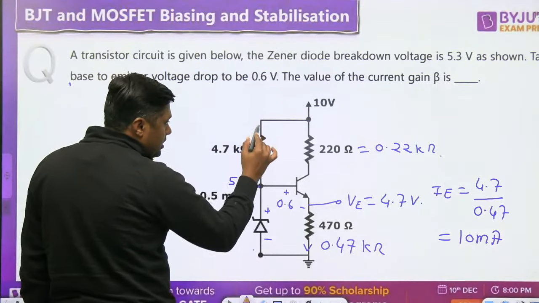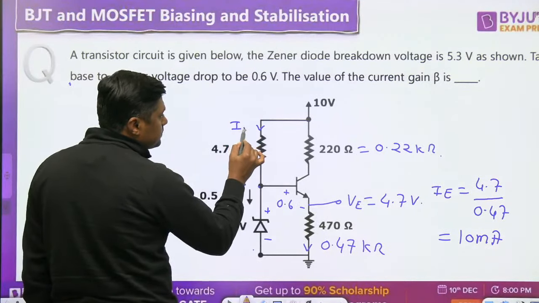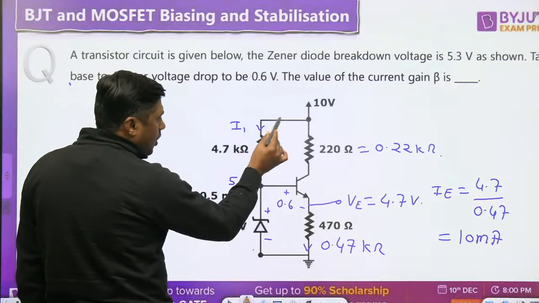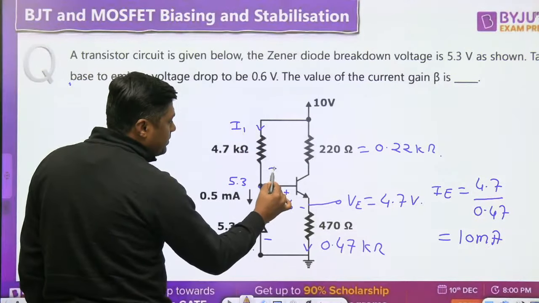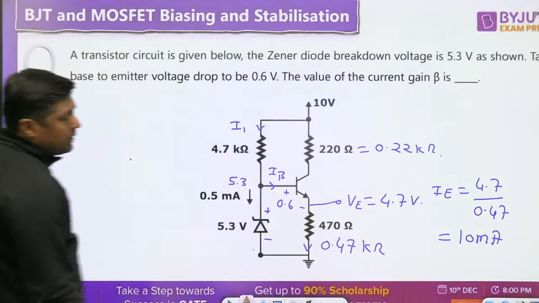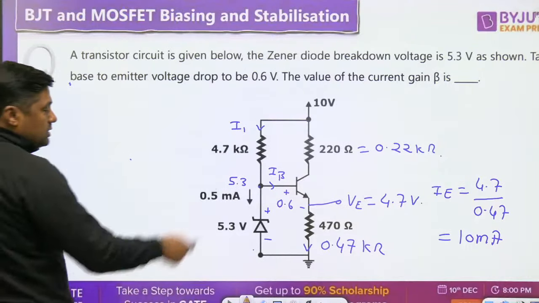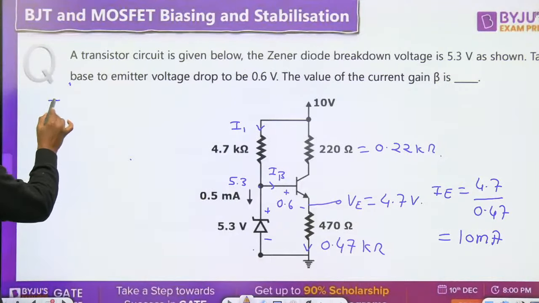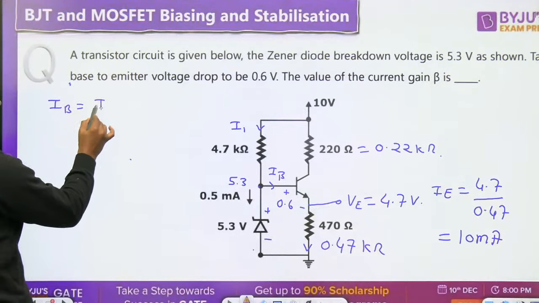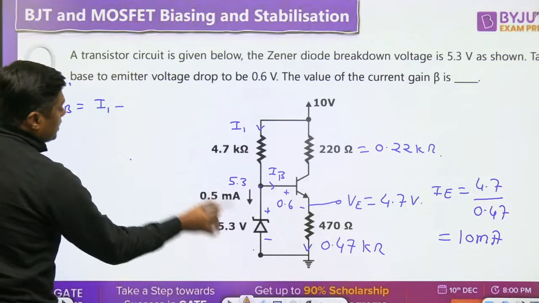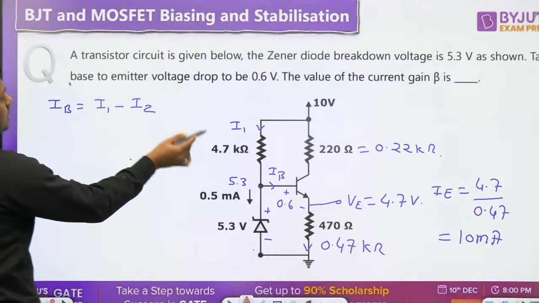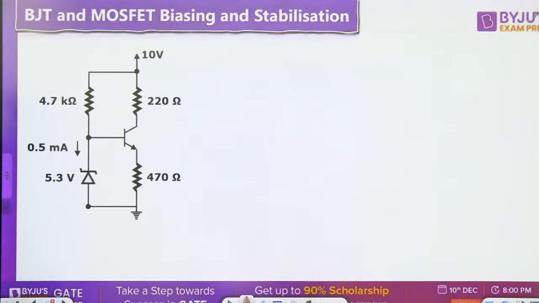Then here we are getting the I1. Now from this point to this point there is a current IB. So what is the current IB? IB will become I1 minus the current through the Zener diode. To find the value of I1, the voltage at this point is 5.3 volt.